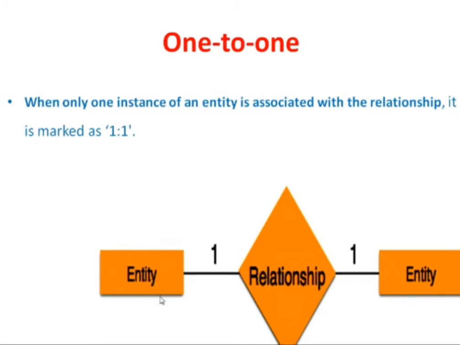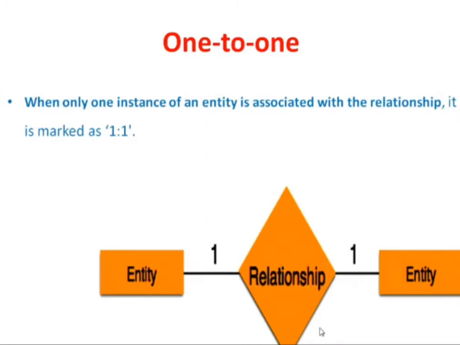One object of this entity has a relationship with one object of the other entity, or one instance of an entity is associated with one instance of the other entity. So this will be marked as 1 to 1.